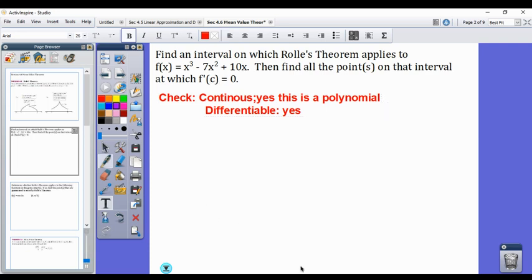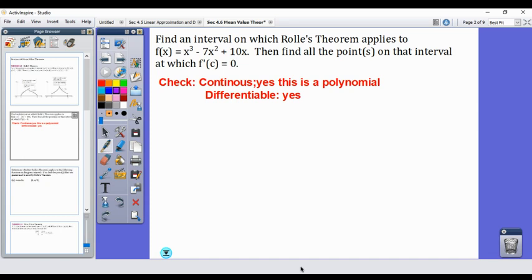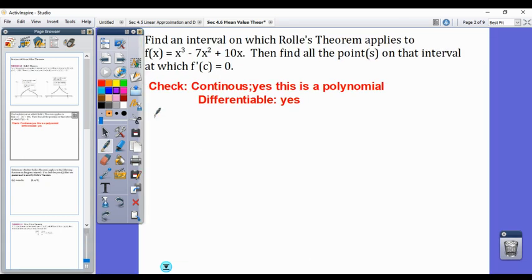So the first thing that I'm noticing is we're going to need an interval since they didn't give me one. And to do that, I'm going to actually factor my original function.